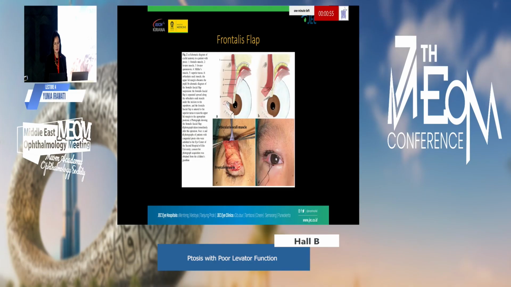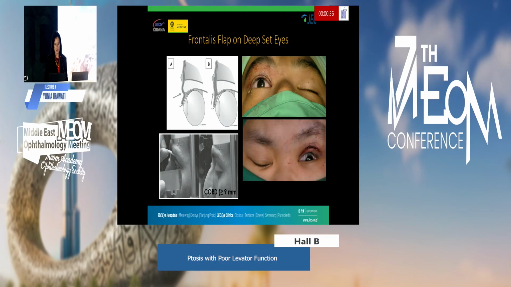Of course, we only have one plane in the skin crease, and then we make a tunnel around the orbital rim, resect the frontalis muscle, and suture it to the tarsal plate.